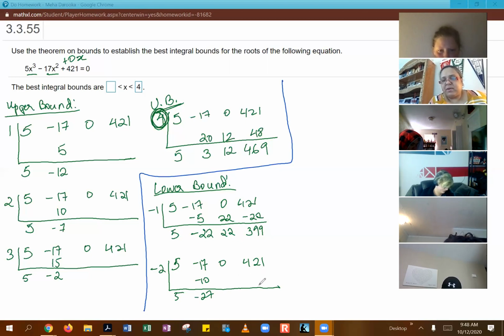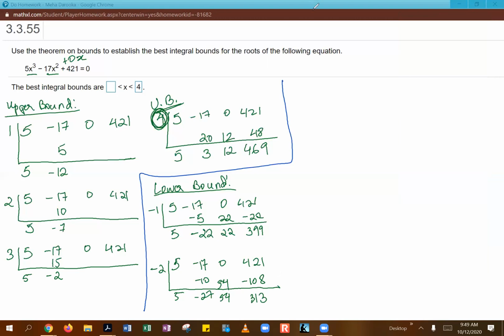It's got to be a number larger than 421, right? And it's got to be a negative number for us to get a negative sign. So we may actually have to do this. I'm not sure how many times, but it may take us a few tries before we are able to get to that. Because this guy is again just giving us -108. And so, obviously we're not going to be getting a negative sign here either. And so, of course, that means we keep trying till we hit that negative number, which will work in our favor.